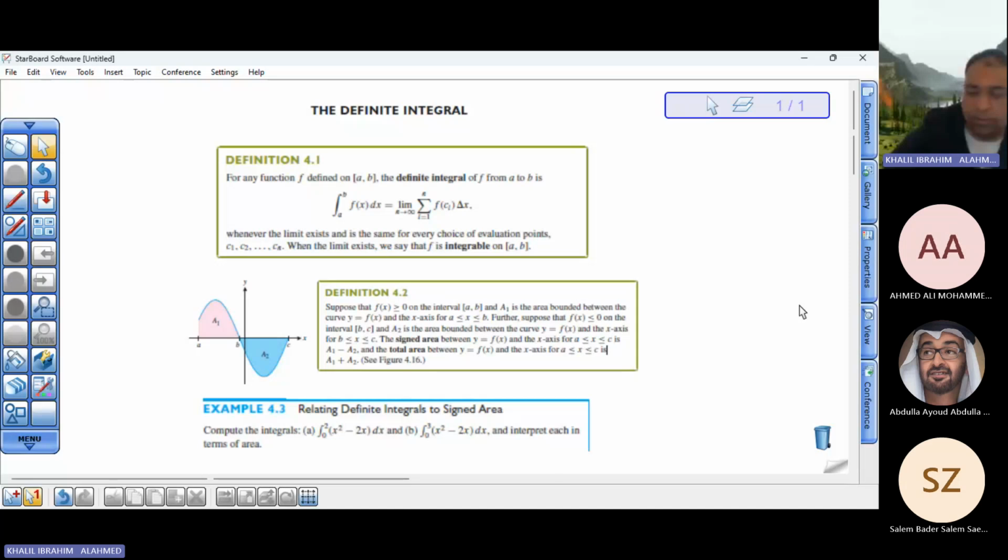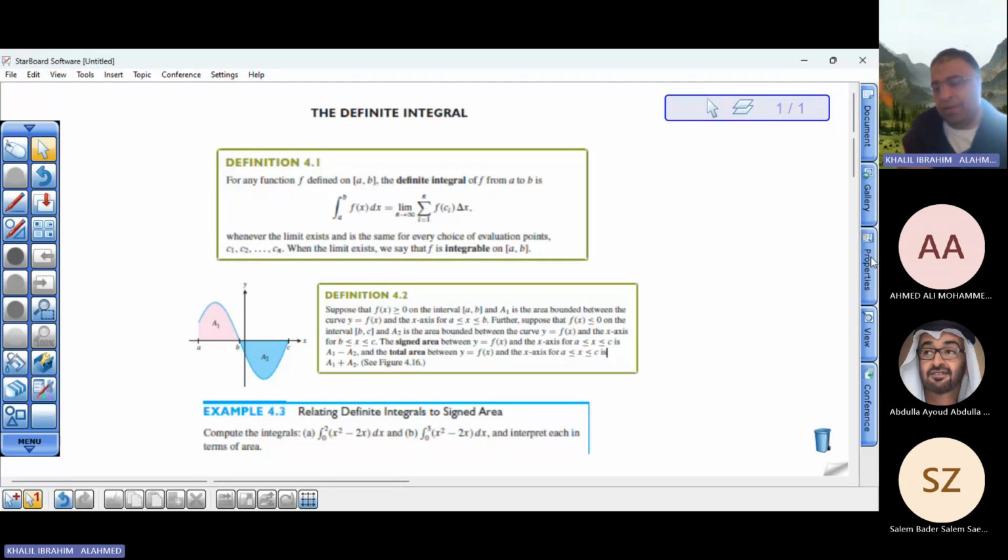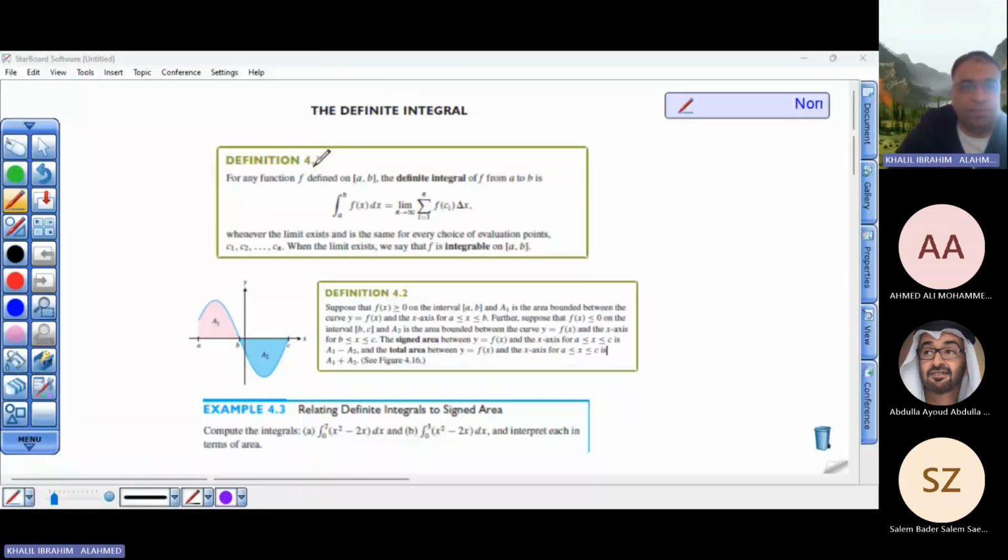Okay, before starting, let me define the definite integral as you see here in this definition.